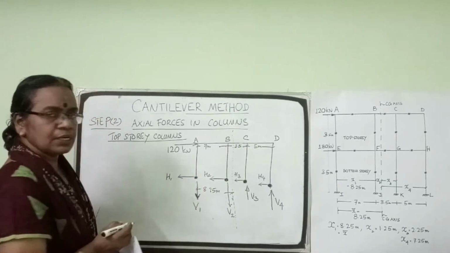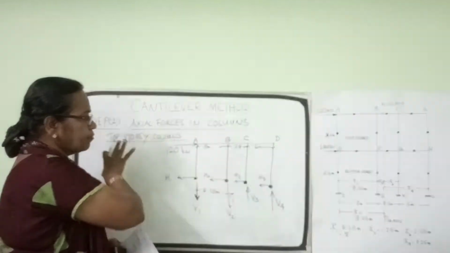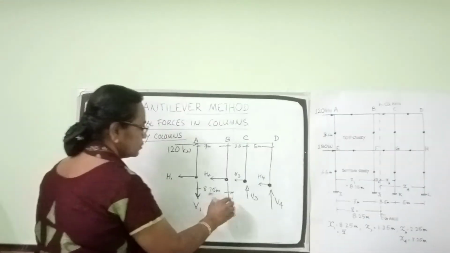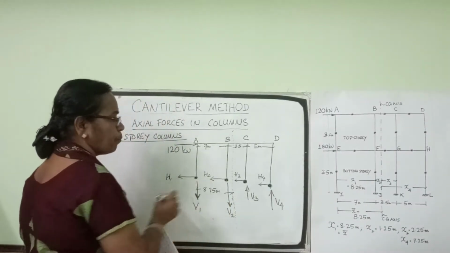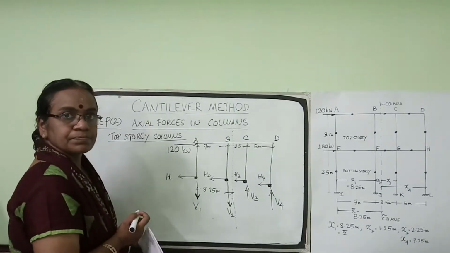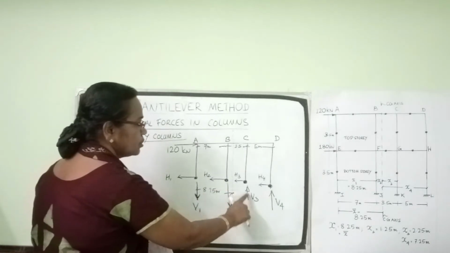The columns on the left side, or what we call the windward side, the side from which the load is acting, are subjected to tensile forces. So I have marked V1 and V2 as pull. The columns on the leeward side, that is, on the right side of the center of gravity, are subjected to axial thrust.